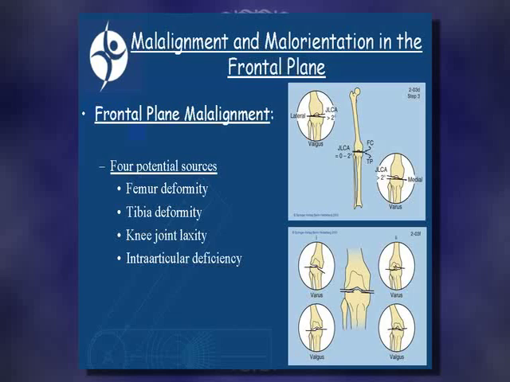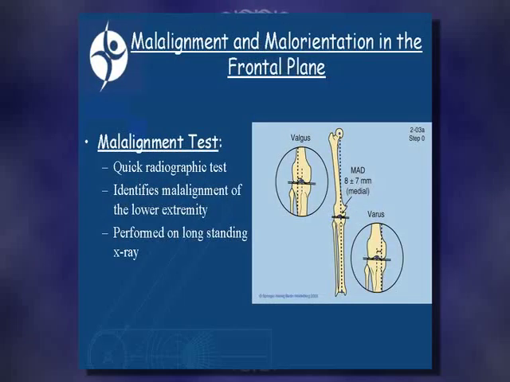And lastly, you can have intra-articular deficiency. If you've had, say, a tibial plateau fracture and it crushes down, that can give you a varus. So you have to look at that also. Has there been an injury? Has there been a developmental problem, a growth arrest that's caused an intra-articular incongruity? Those are the 4 reasons why people have a malaligned leg.